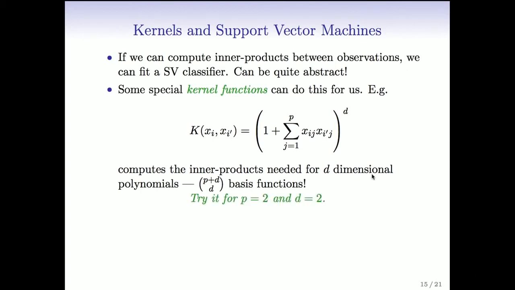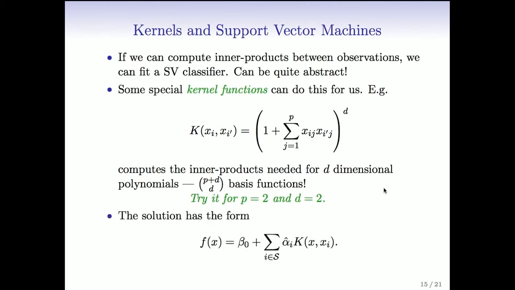Try a little example with p equal to 2, like in our example, where we had 2 components in x, and d equal to 2. Just expand this function and see what you get, and you'll see that indeed it does just what I said. Having done that, we can compute the n by n inner product matrix for all the n observations by evaluating this function at each pair.